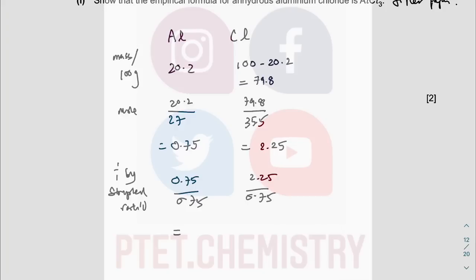It depends on how much time you have, because different people will have different amounts of leftover time, and you need some time to check your answer as well. So therefore, your empirical formula is aluminium trichloride, AlCl3, as they ask you to show.